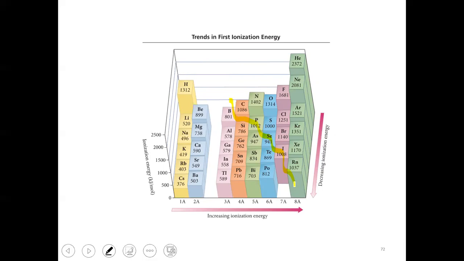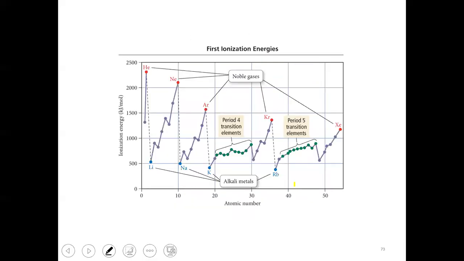So maybe the way to look at this is just to think about it this way. When you look at these, consider that within a period, you essentially are, from left to right, increasing the effective nuclear charge.